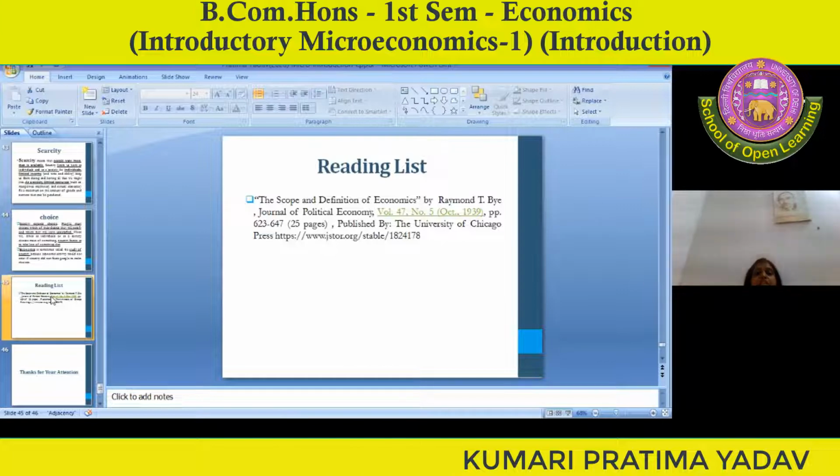It was published in the Journal of Political Economy, volume 47, number 5, October 1939, pages 623 to 647. It is a 25-page article, published by the University of Chicago. It is available on JSTOR.